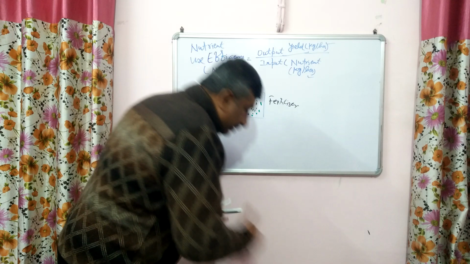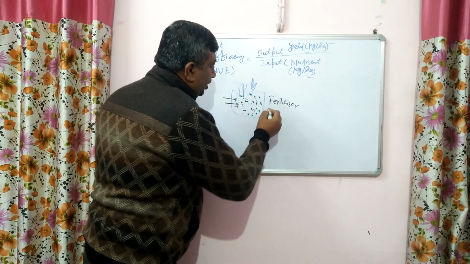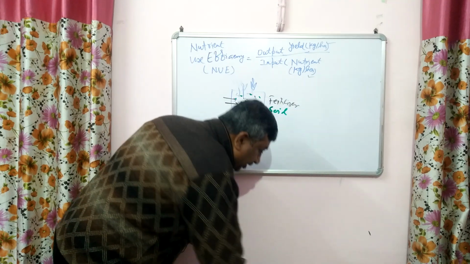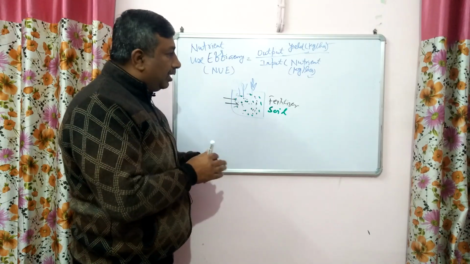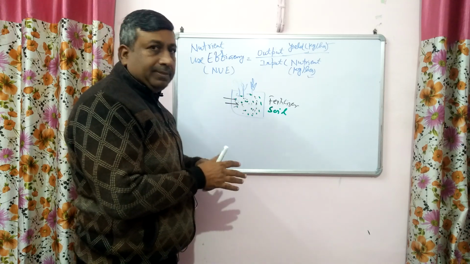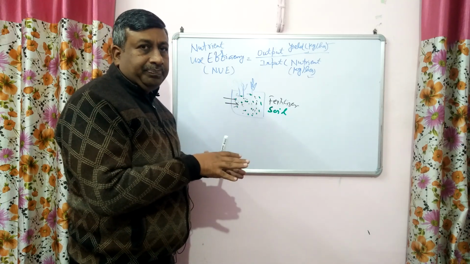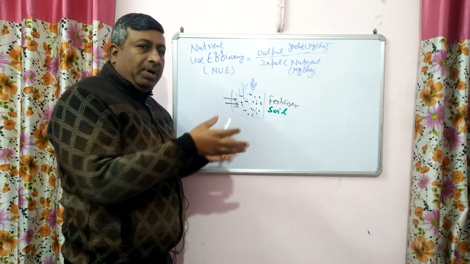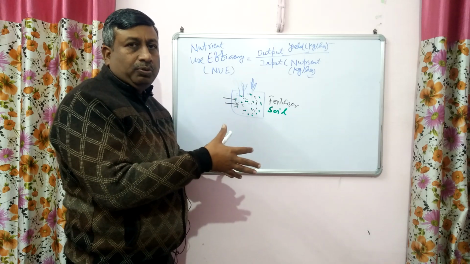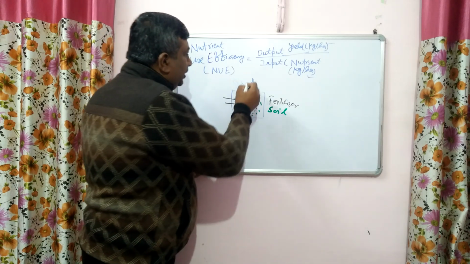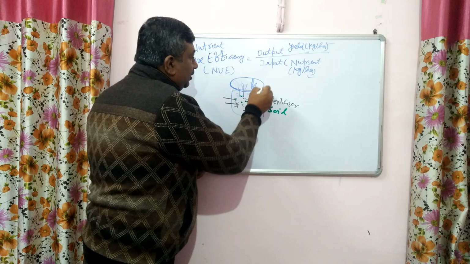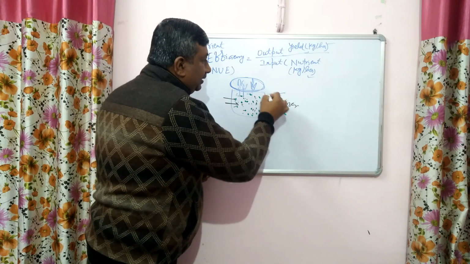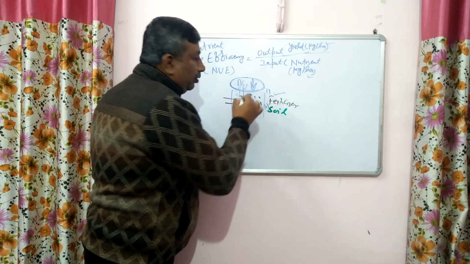The plant absorbs nutrients applied through fertilizer as well as from the native pool of soil. It means the crop obtains nutrients from both: number one, fertilizer, and number two, soil.